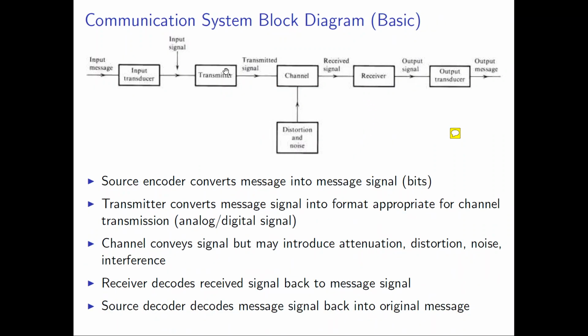Now the first one is basic. We call it the most basic communication system that everybody needs to be knowledgeable of. If I ask you in the exam or anybody tells you, explain to me what communication is all about, you tell him you have a transmitter, you have a channel, you have a receiver.